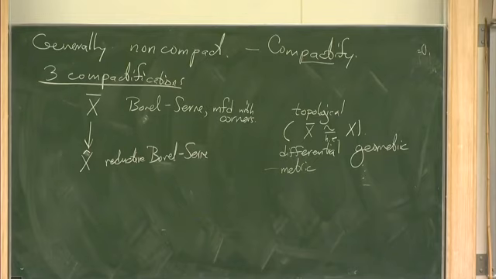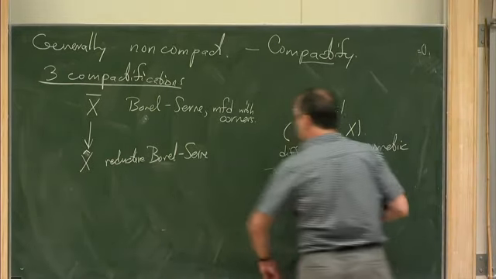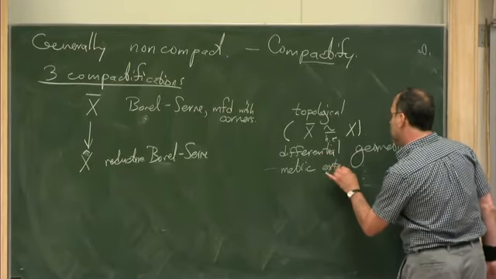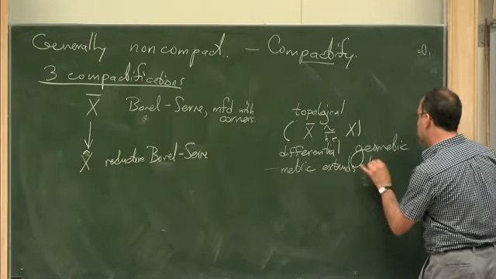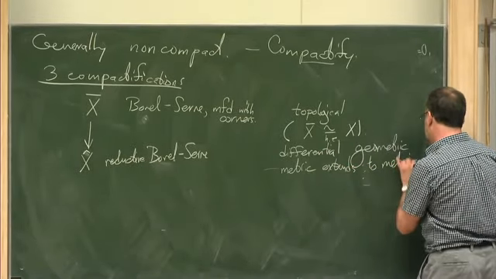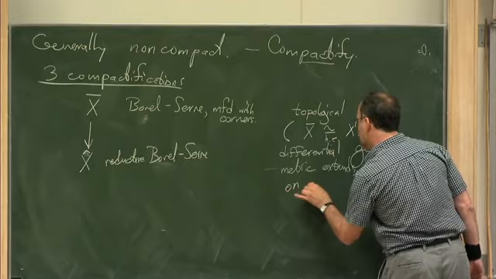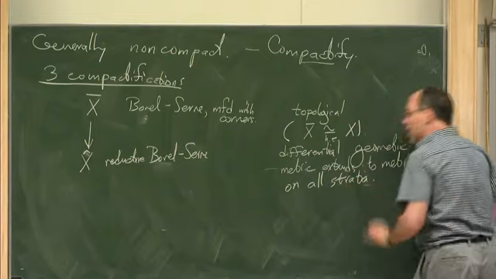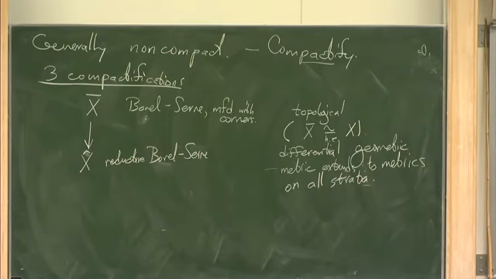You can just think of it as picking a metric at one point and then pushing it everywhere under the action of G, and that descends to the locally symmetric metric on this quotient. And in the reductive Borel-Serre compactification, that metric extends to metrics on all the strata. So this is the largest compactification where you can make that statement.